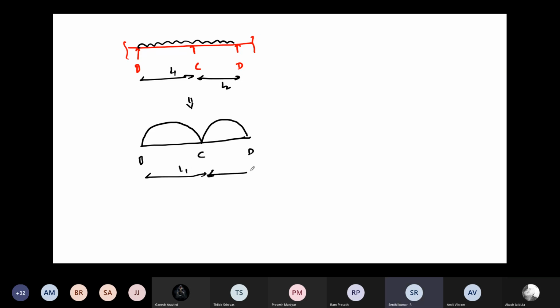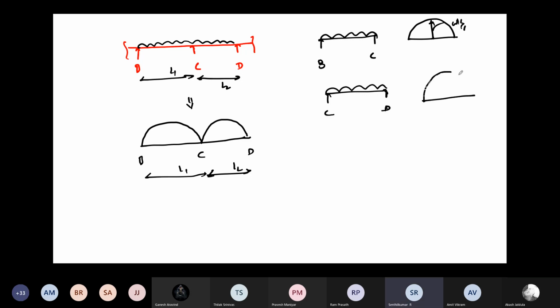Just a sagging moment only I am drawing. If I am having a BC with UDL, what is my bending moment? This will be parabolic, WL square by 8. Like that, CD, I am having a UDL, what is my bending moment diagram? It's a parabolic with ordinate as WL square by 8. So same thing here, WL square by 8, WL square by 8. This is only for vertical loads alone.